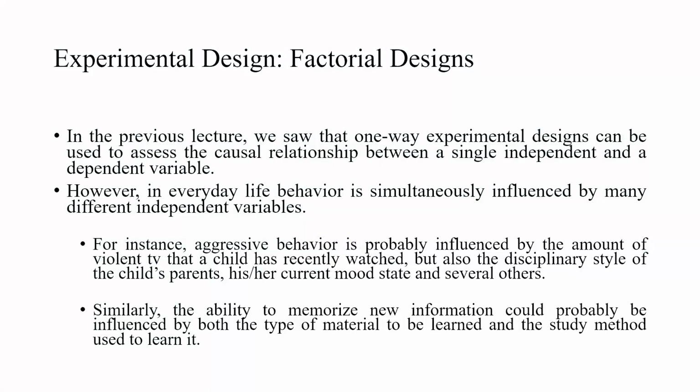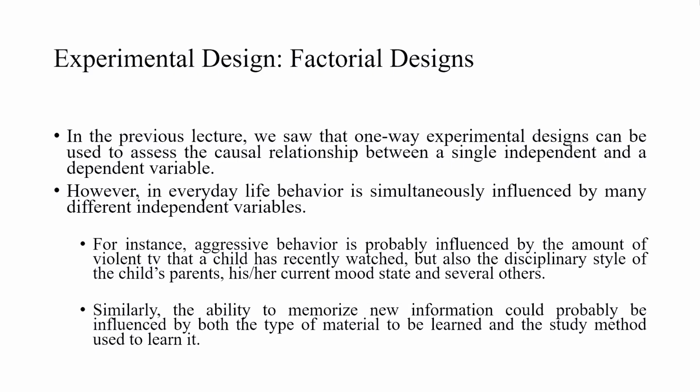For example, aggressive behavior, we were talking about this example of watching violent video games or violent cartoons. How does it affect aggression? If aggression is the behavior of interest, aggressive behavior can probably be influenced by the amount of violent television that the child has watched. Yes, that was the first variable, but it also could be affected by the disciplinary style of the parent.